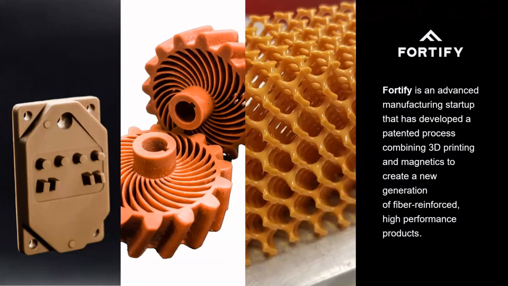As far as comparing Fortify specific parts to other 3D printed parts in the market, it goes into what I was talking about before. We have the ability to align in the Z direction. A lot of the other composite 3D printers create fantastic parts, but they use FDM, which is an extrusion-based method. And because of that, your alignment is limited to the tool path of that printing head.